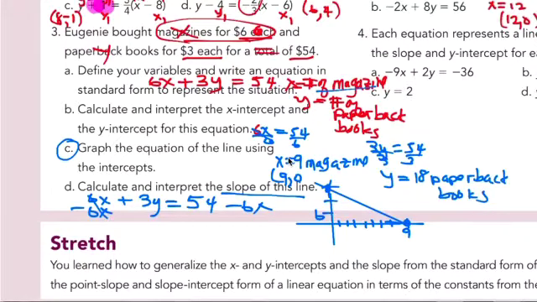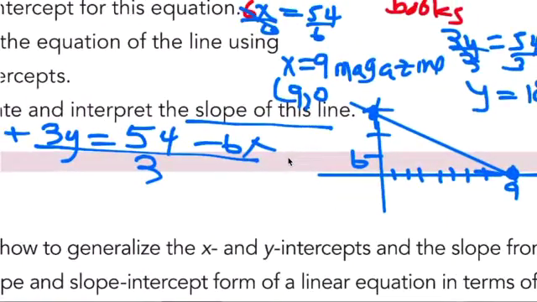And then divide all of it by 3. A shortcut of that, what they do is, you don't have to write all that. You can write it once. And that gives you y. You know that 3 divided by 3 is 1y. 54 divided by 3 is 18. And 6 divided by 3 is negative 2.